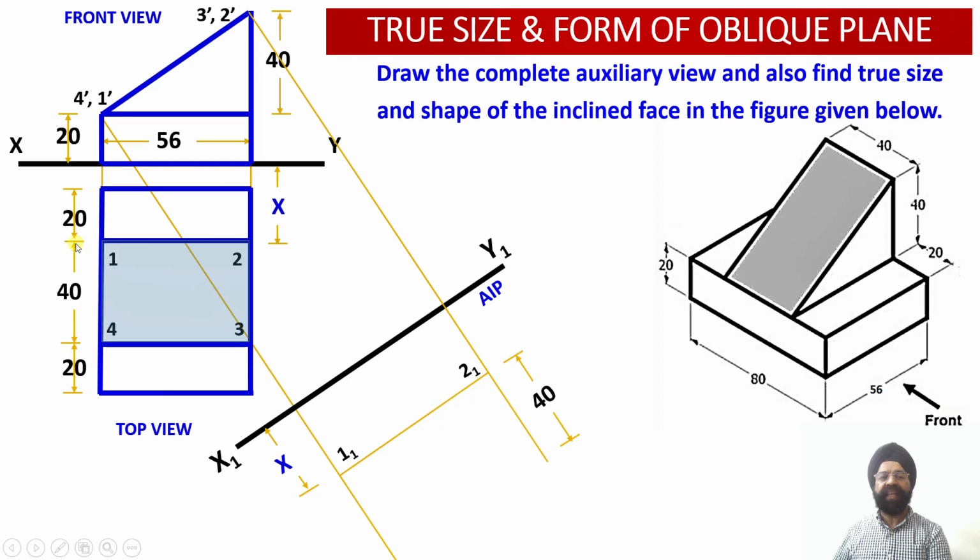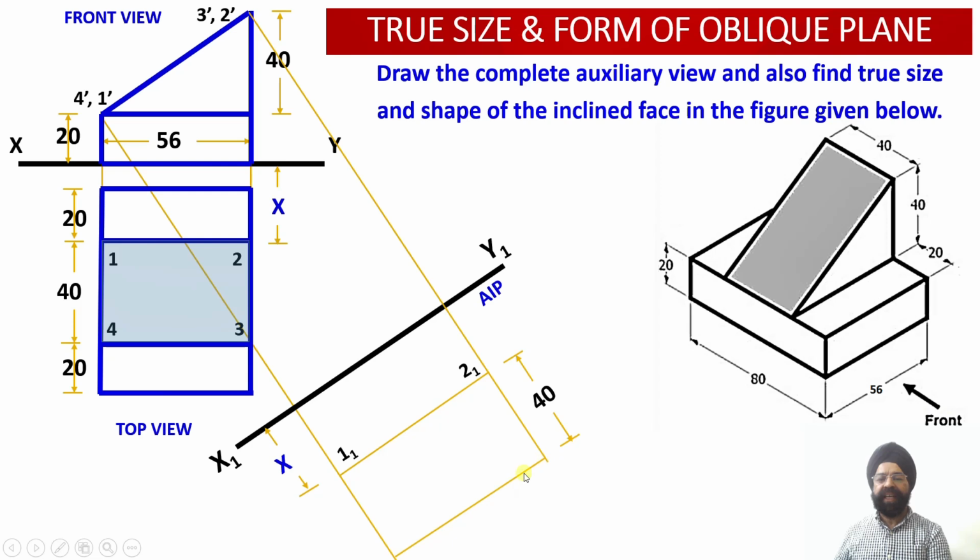So this is the depth of the solid which I have plotted. Starting from this point, the depth of the surface happens to be 40 millimeter. So this is the depth of this inclined surface. We can see even in the isometric projection, we have been provided with the measurement of the depth of this particular cut section. So this depth of 40 millimeter has been marked.